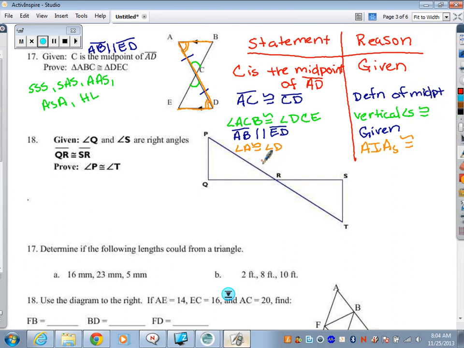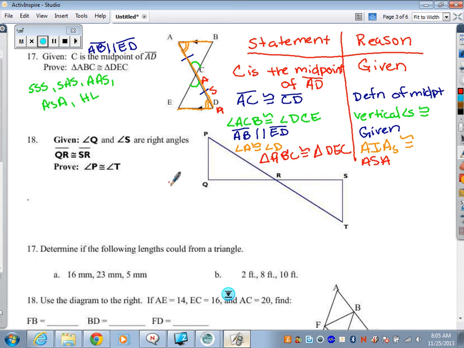So triangle ABC is congruent to triangle DEC. Angle, side, angle. And now you're done. Just remember to use what you know already. And once you use that information, put it in your proof.